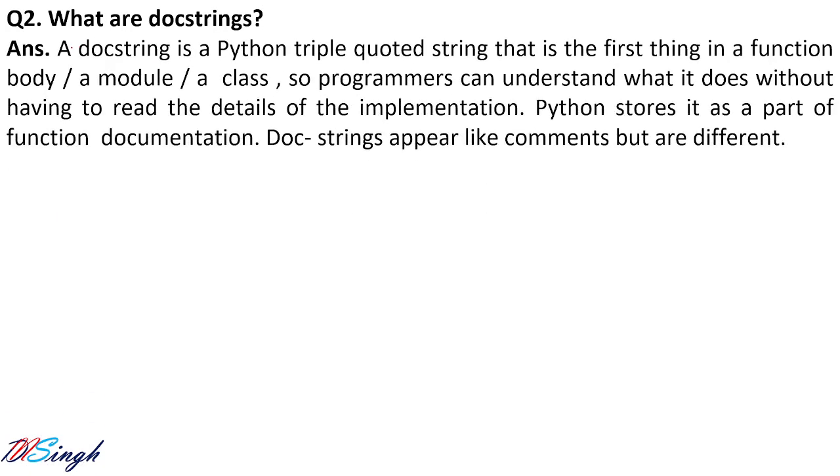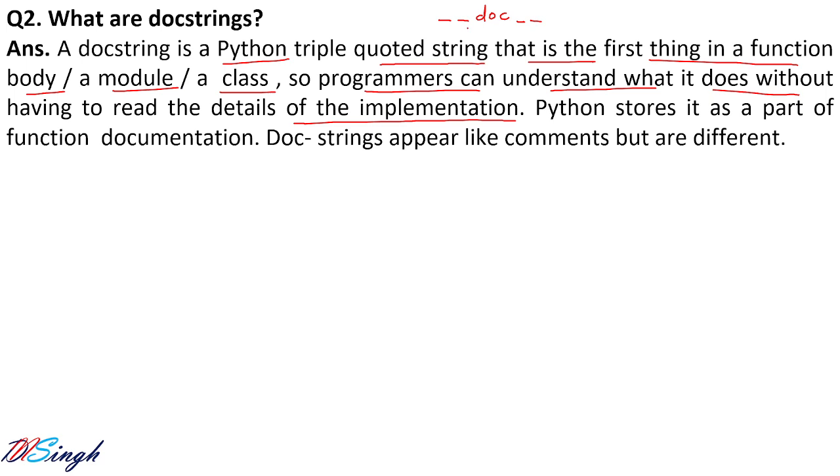So let us see. A doc string is a Python triple quoted string that is the first thing in a function body or module or class, so programmers can understand what it does without having to read the detail of the implementation. So it is like a comment but not exactly a comment. Python stores the doc string in a special variable called __doc__.